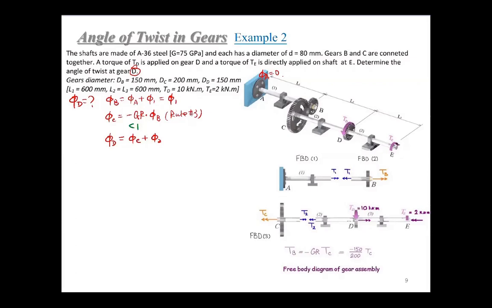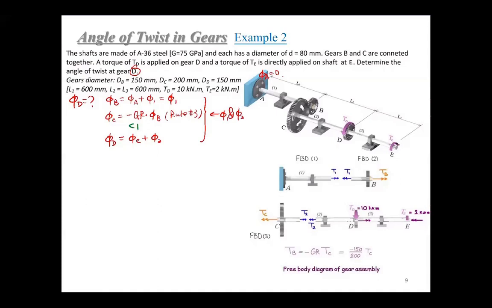From phi 1 to phi B to phi C, then to phi D, several steps. Can you see how we can finish these calculations? You need to know phi 1 and phi 2, right?